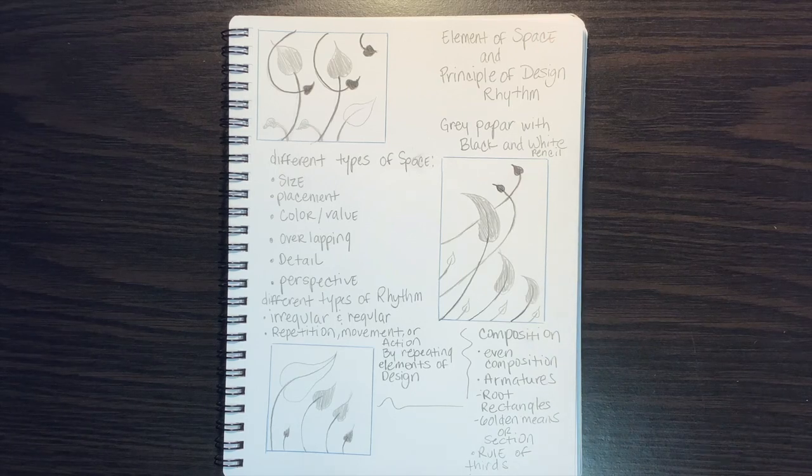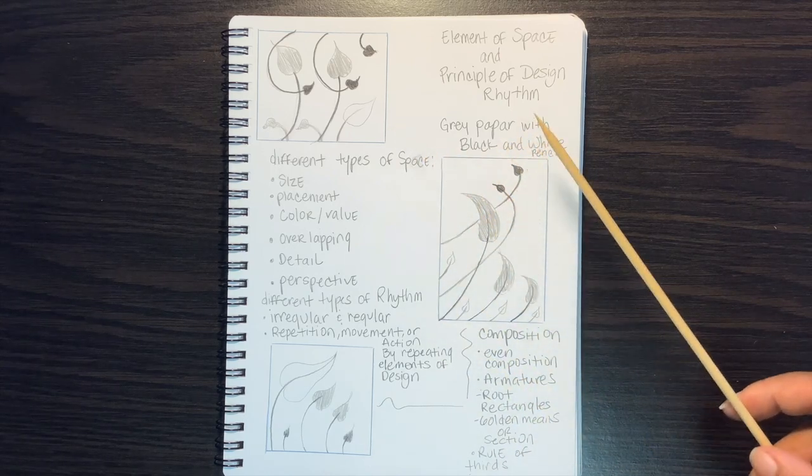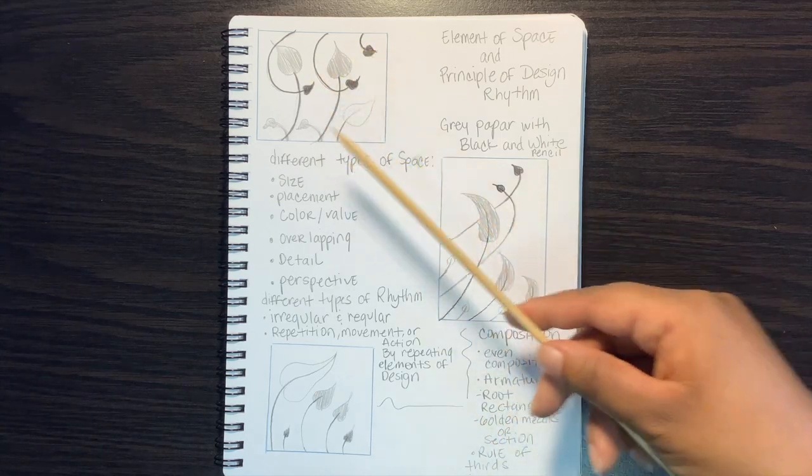The one thing I did not 100% think about, because I was really focusing on my artwork when it came to rhythm and space, was whether I was using the rule of thirds, an armature, or even all over composition. But I'm going to be honest with you, one of these can fall within that. This is definitely even all over.